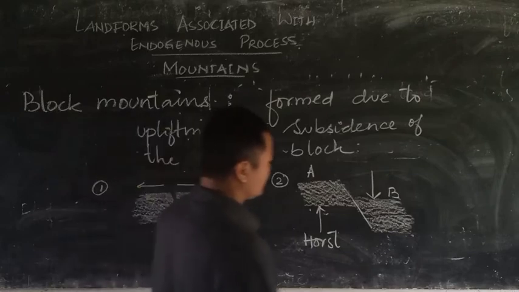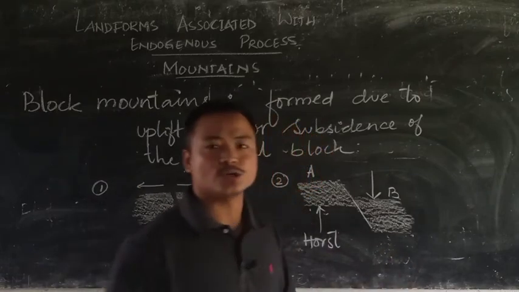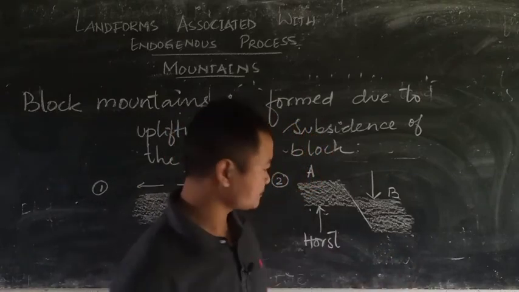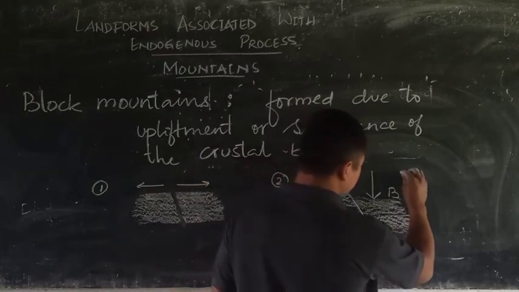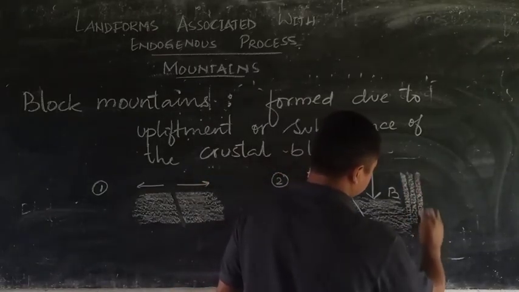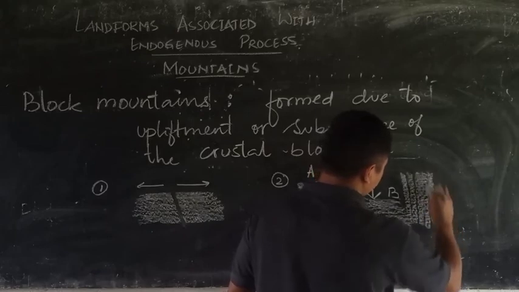while the block mountain is also associated with a valley. The steep-sided valley that is formed between these two crustal blocks.